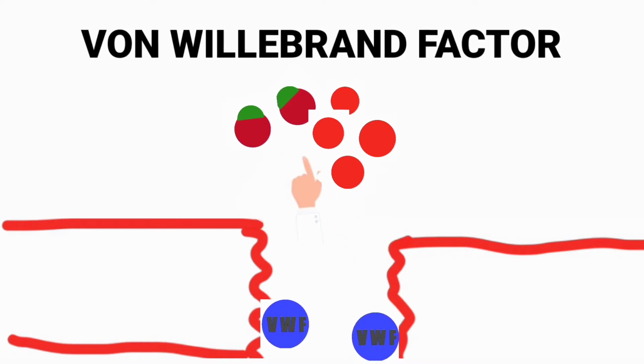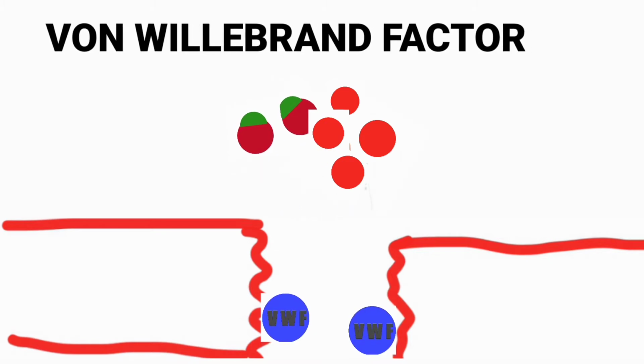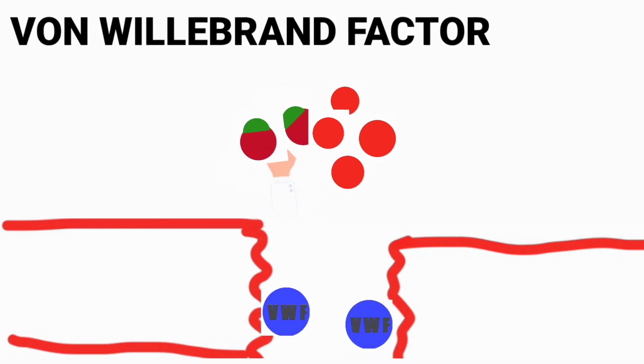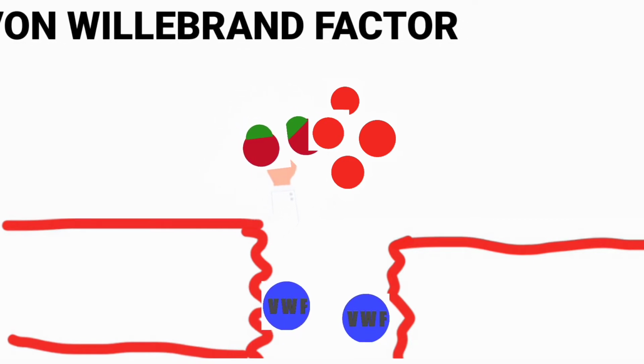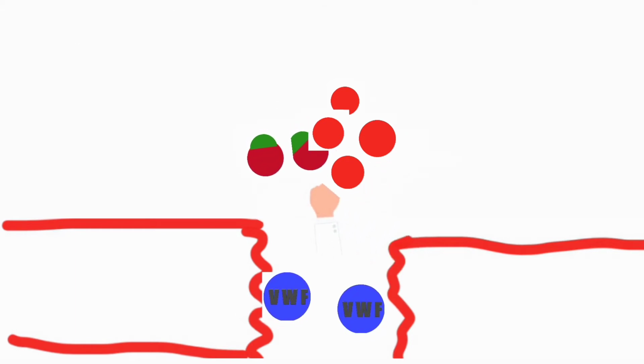On this surface, there are tons of platelets. Some are activated and some are inactivated. These with this green head are the activated platelets, and these red ones with no green head are the inactivated platelets.